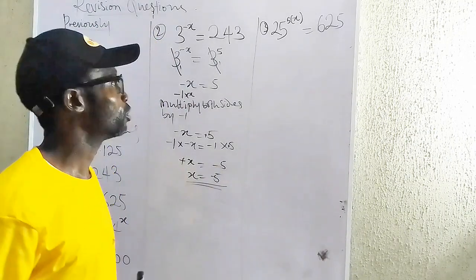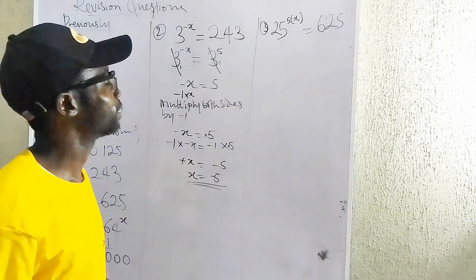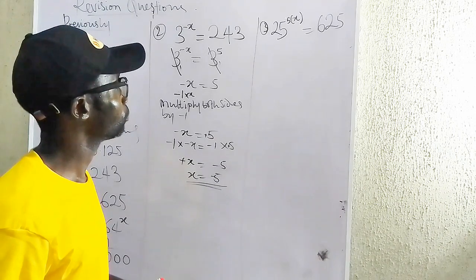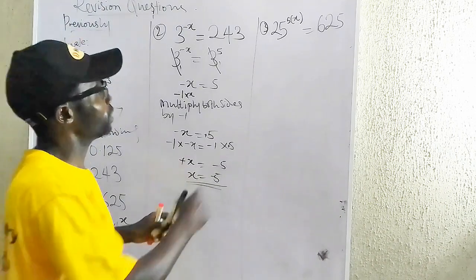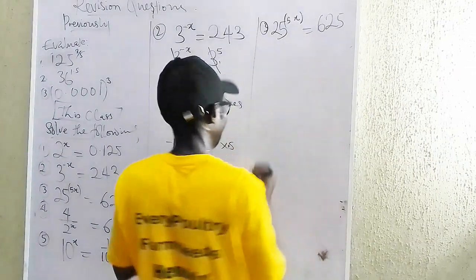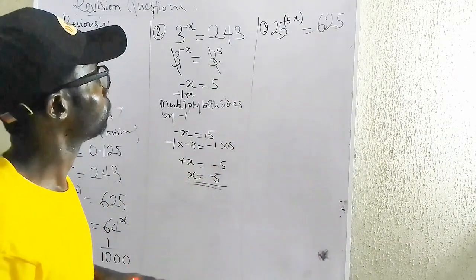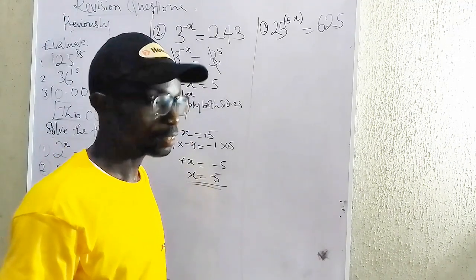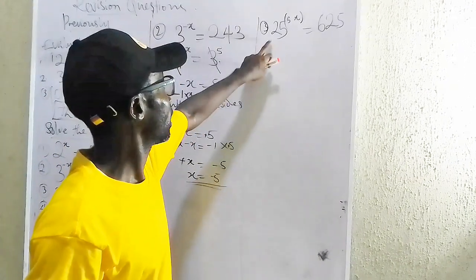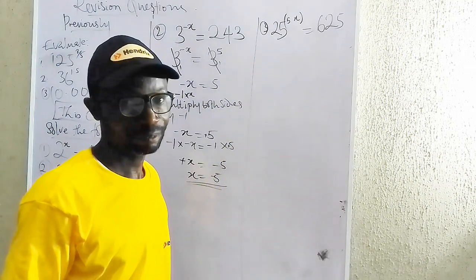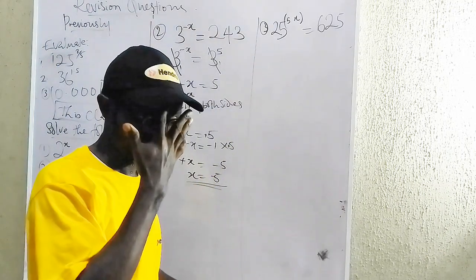Now there's something you need to understand. 25 is the same thing as 5 raised to the power of 2.